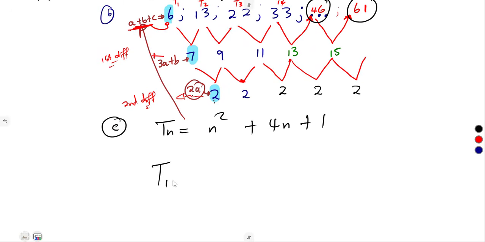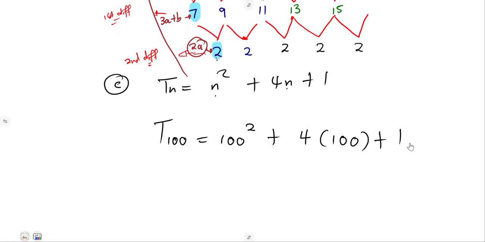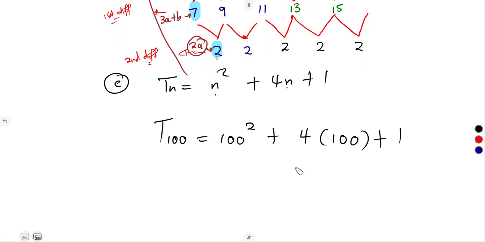So T100 simply means in place of n, substitute 100. So that's 100 squared plus 4 times 100, all right, plus 1. You substitute, and with this, we can simplify to obtain the value of T100.